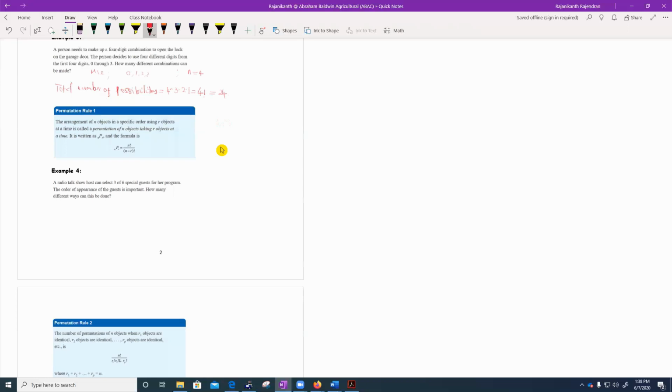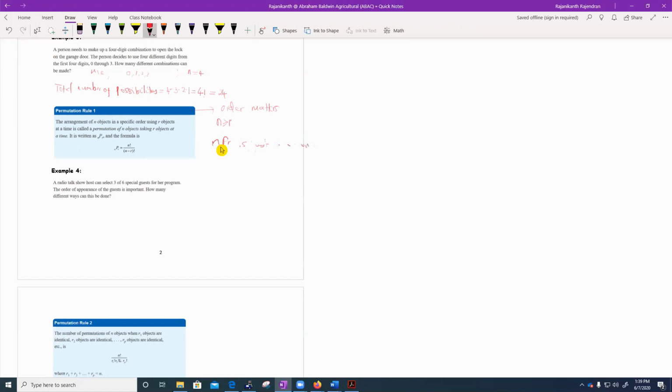So you are putting them in order, right? So here order matters. You are arranging in order. In how many different ways could you arrange? The formula says that you could arrange in nPr ways. So nPr is just a whole number.